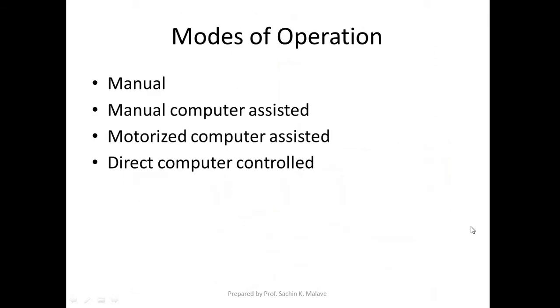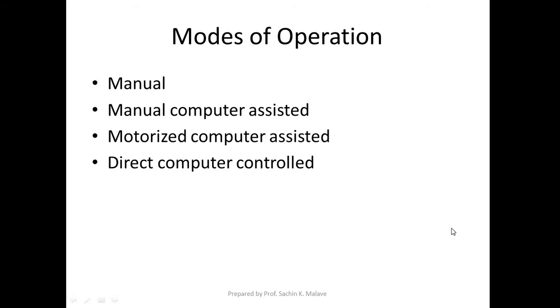After this we have to study how the actual CMM is operated, or how it is controlled. Basically there are 4 types of controls common for CMMs, coordinate measuring machines.